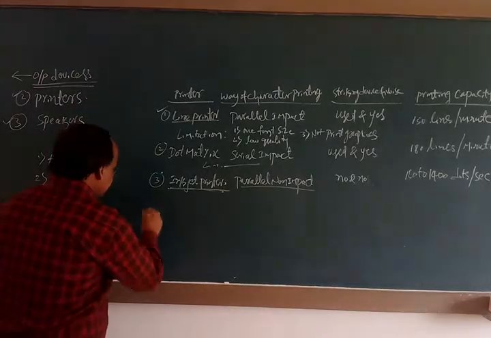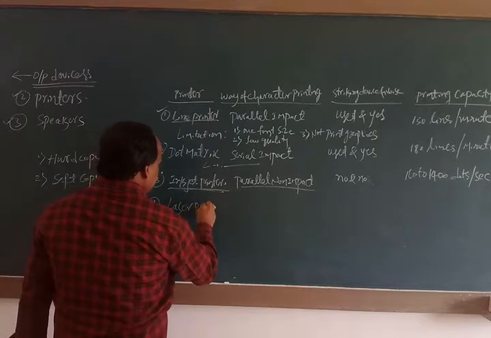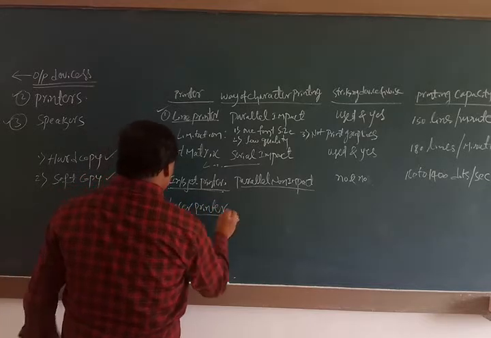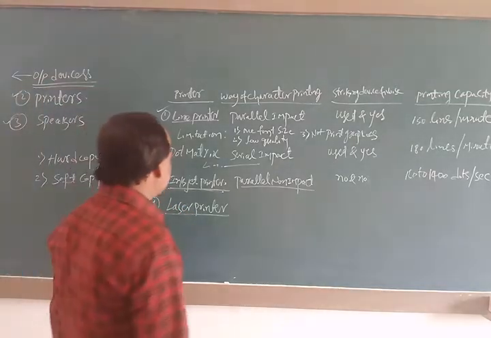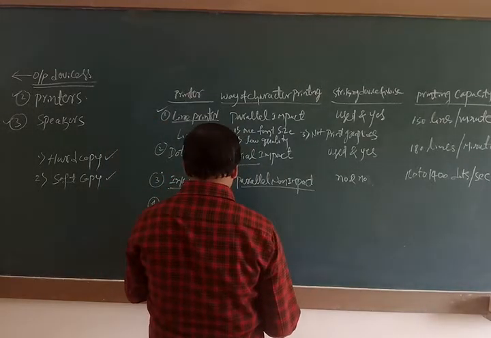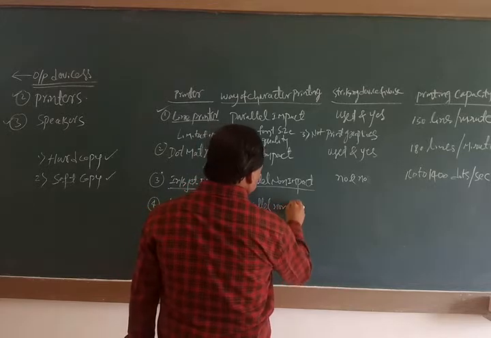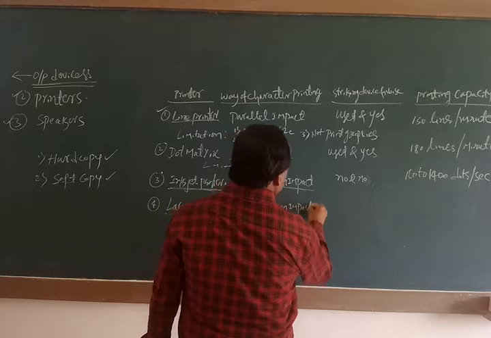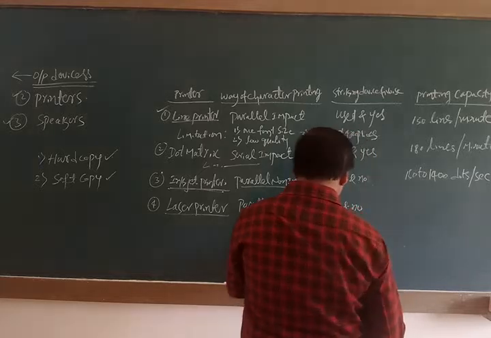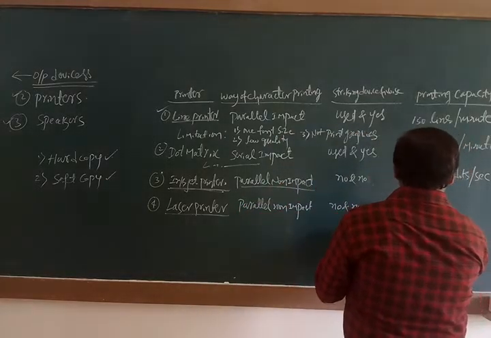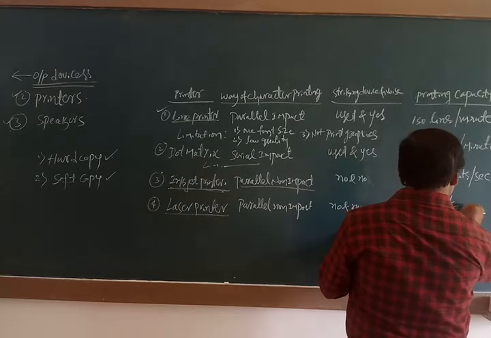Now comes the laser printer, the fourth one. Here the way of character printing is also parallel non-impact. Here also there is no striking device and no noise, and it prints 1200 dots per second.